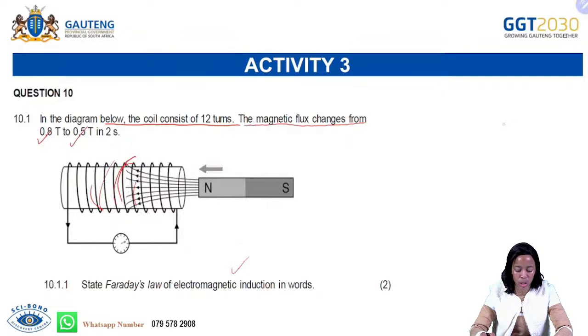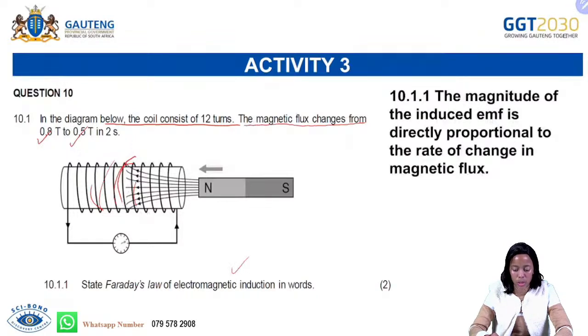10.1.1 says that we need to state Faraday's law of electromagnetic induction in words there. So again, remember with the definitions, we are going to be defining according to the examination guidelines. So it says here, the magnitude of the induced EMF is directly proportional to the rate of change in the magnetic flux.